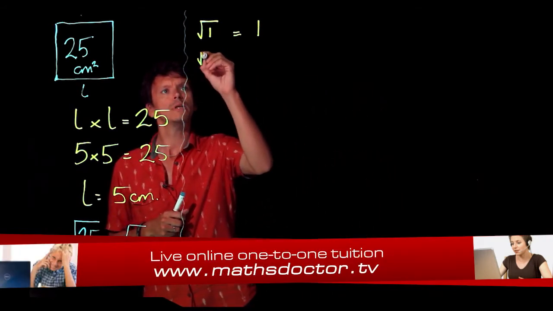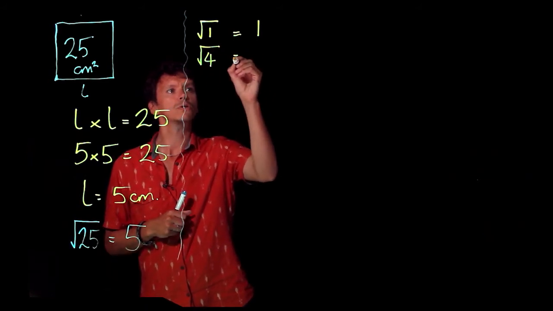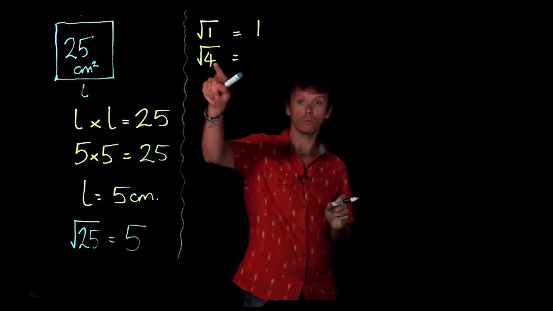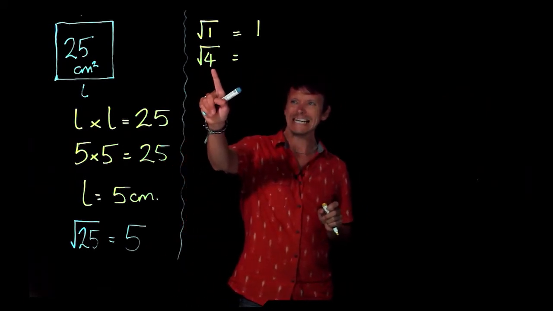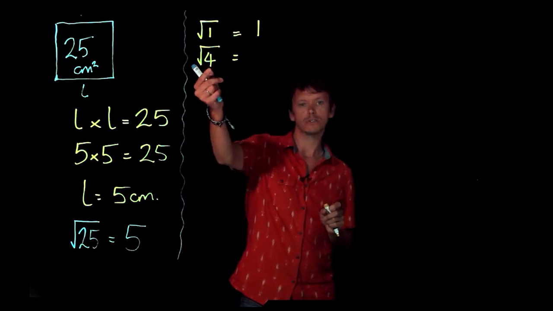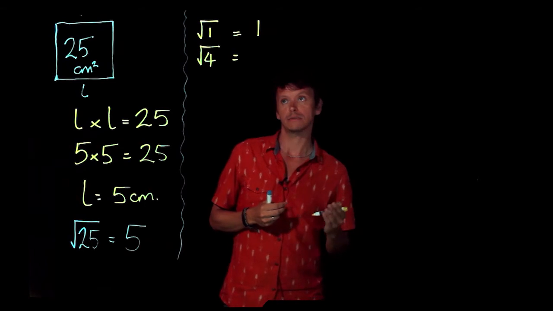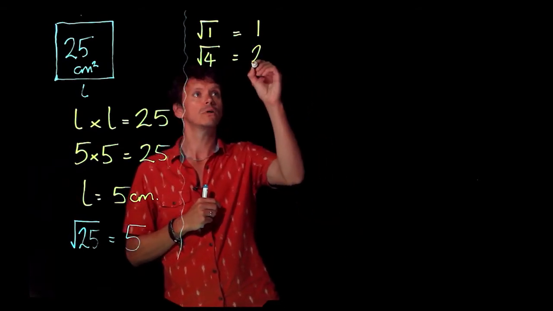Let's jump up to the next question, which is the square root of 4. We'll have a look at why I've jumped to 4 in a second. What does that mean? It's asking us what number, when you multiply it by itself, gives you the answer 4. That number has to be 2, because 2 times 2 equals 4. So the square root of 4 equals 2.